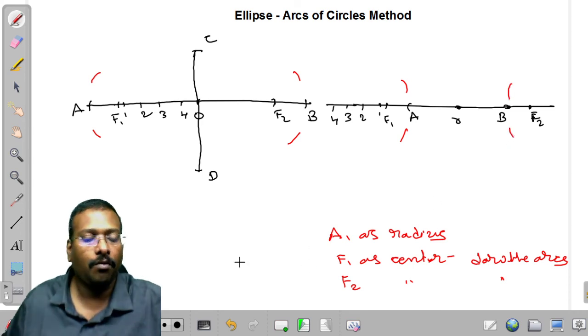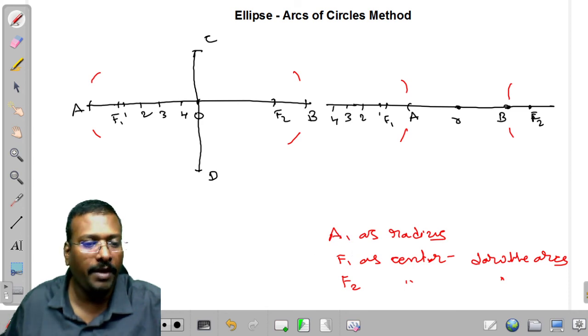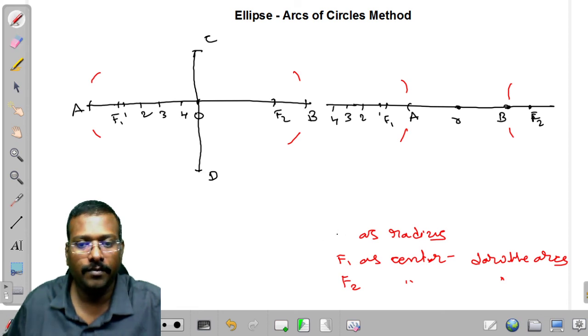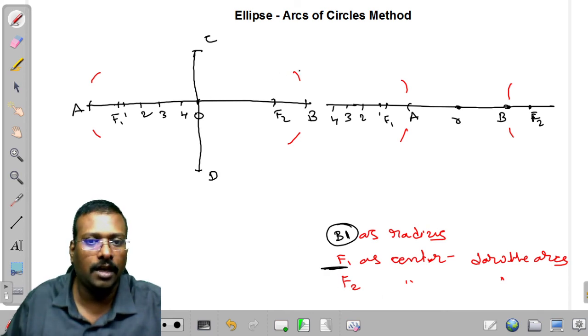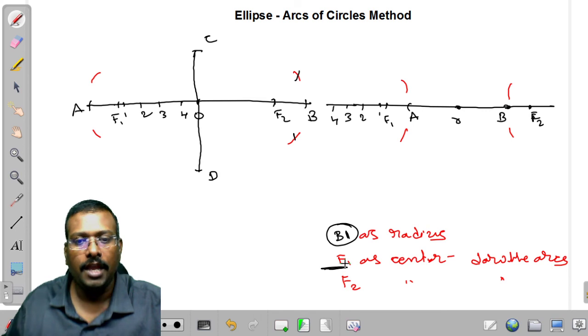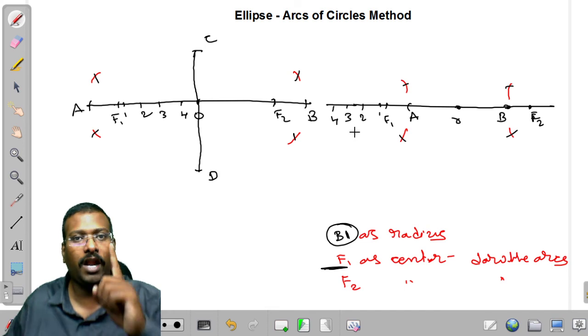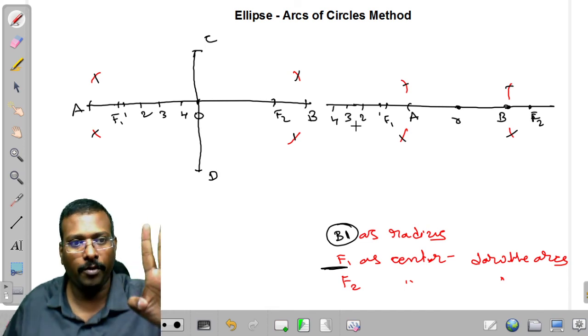Now take B1 as radius, F1 as center, cut these two arcs, F2 as center, cut these two arcs. Similarly here. So with one reference point we got 4 points.